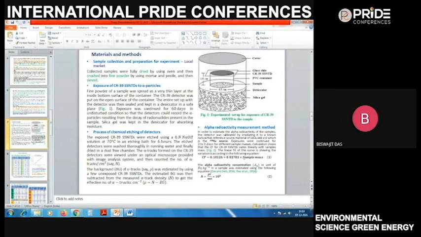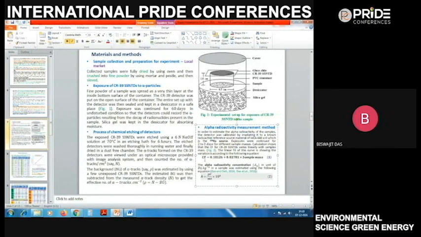This equation is the alpha radioactivity measurement equation. Rho is the track density registered on the CR39 detectors.